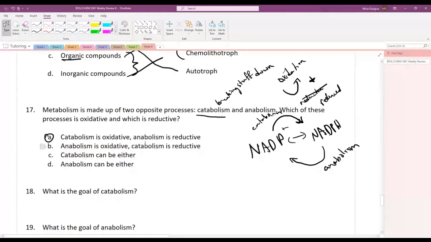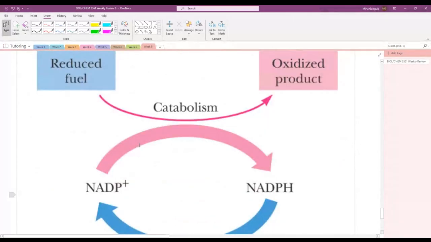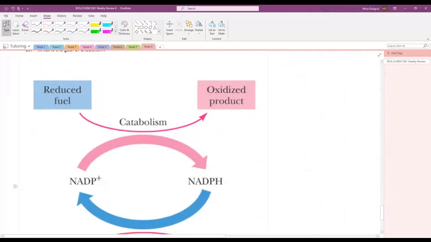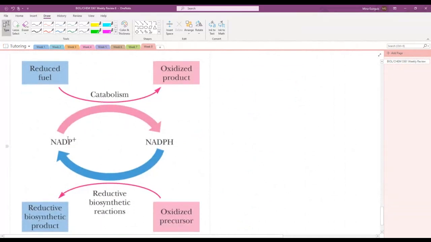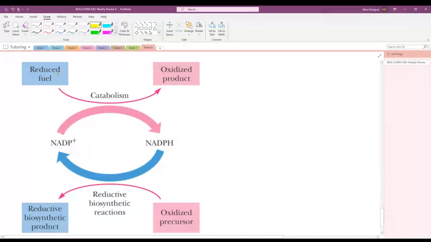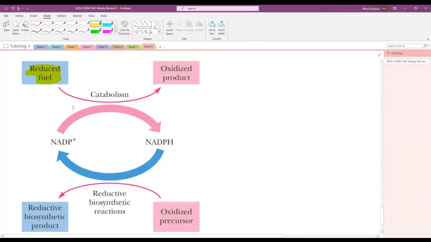Okay? And I have a really great diagram right here that I think shows it better than I explained it. This one is from your textbook, but I like it a lot. So you start with a reduced fuel here, and then in order for that reduced fuel to be dealt with, we undergo catabolism.